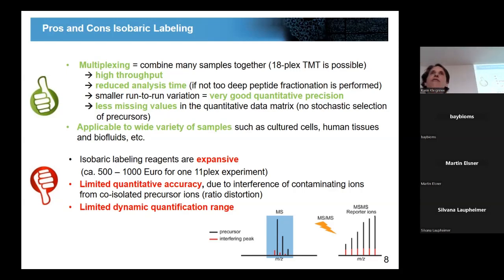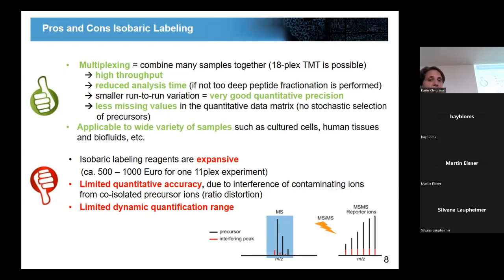So we often have ratio compression. However, if we are lucky and have a contaminated peptide that is very highly regulated, we can also have a ratio expansion. But sometimes, this is why it's called ratio distortion. The wrong ratio tends to be rather compressed most of the time.